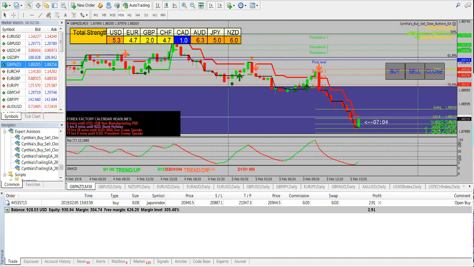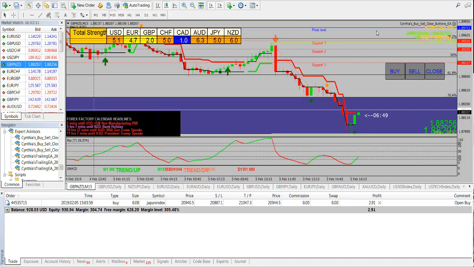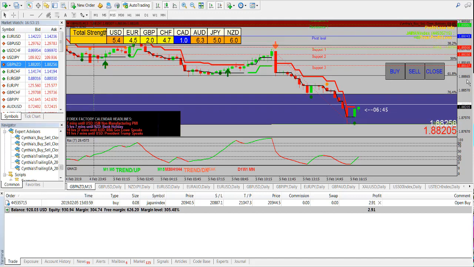In a 30-minute chart, it's also oversold, but you can see the strong candle and the RSI has turned green. So it's possible it's found the bottom, at least for today. If we look at a 15-minute chart, the price is starting to push up off the bottom again.